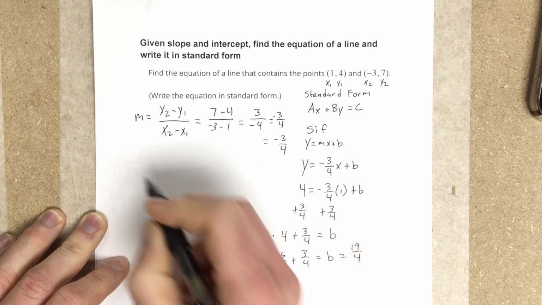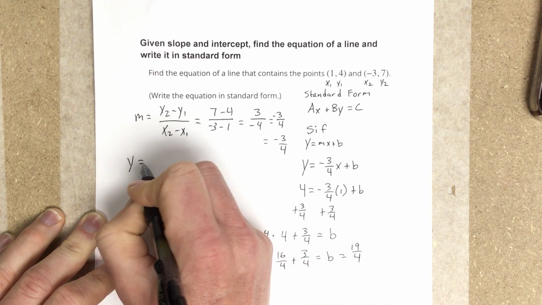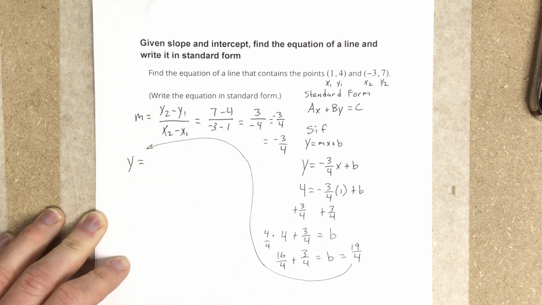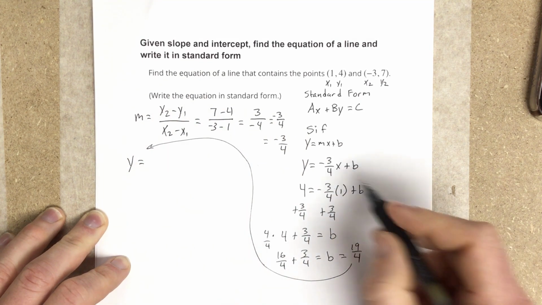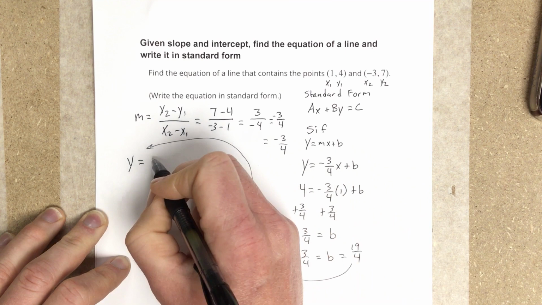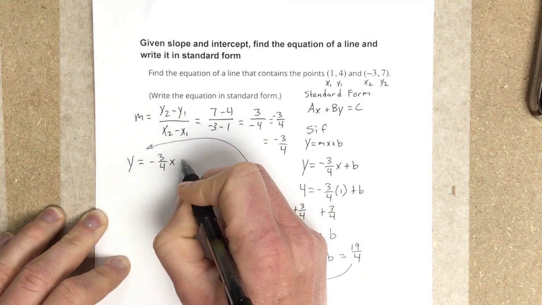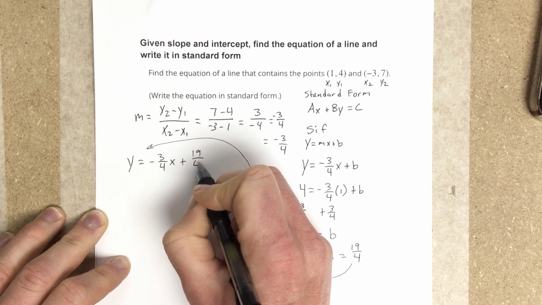So the equation then is y equals negative 3 over 4 x plus 19 over 4.